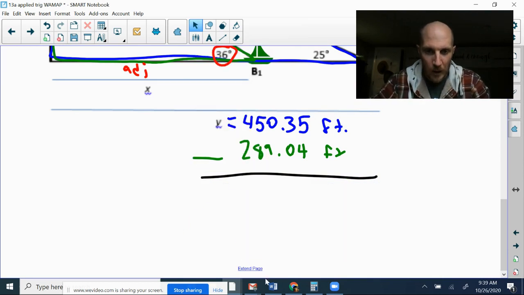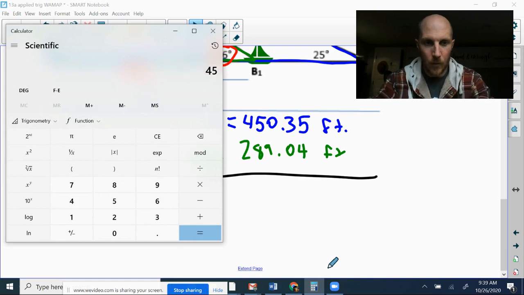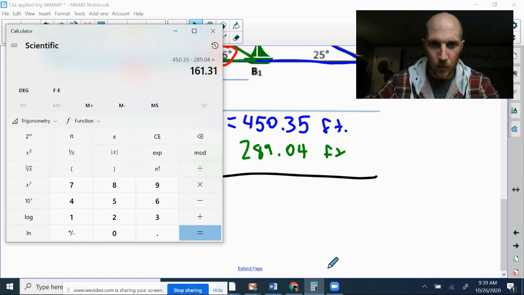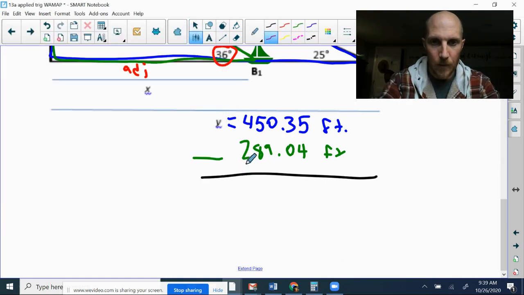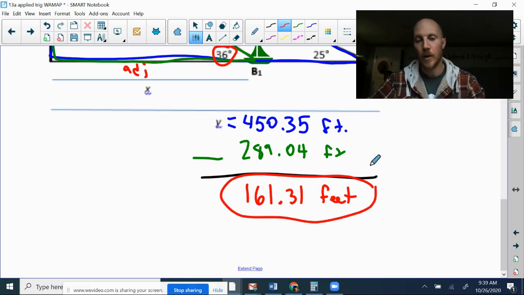So 450.35 minus 289.04 is 161.31. 161.31 feet. That is how far the boat moved.